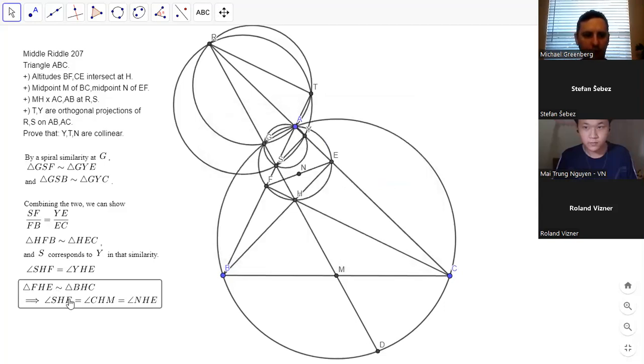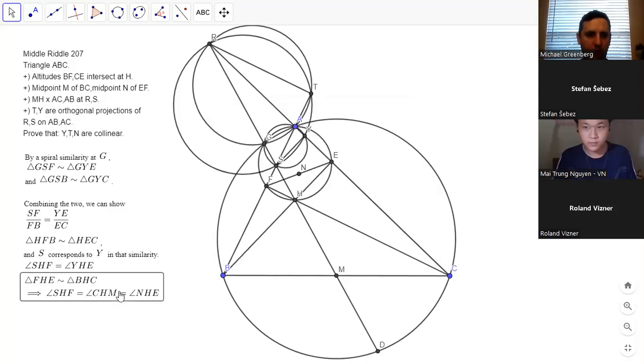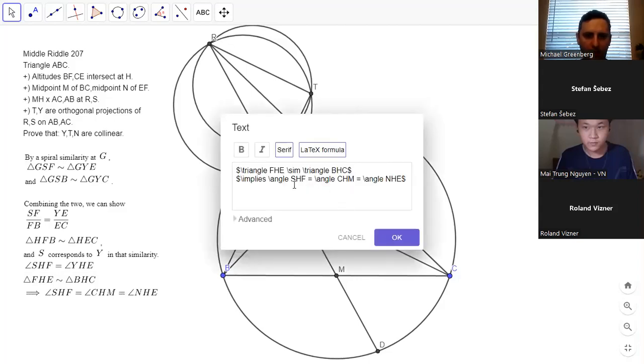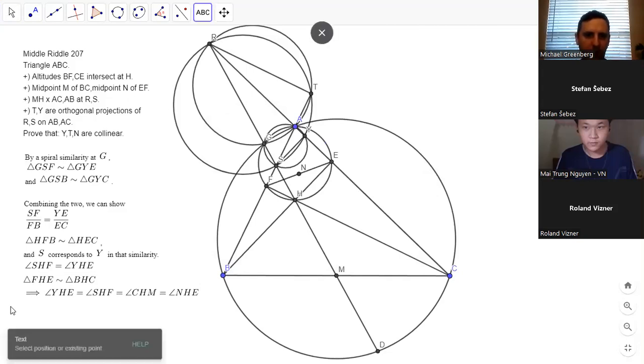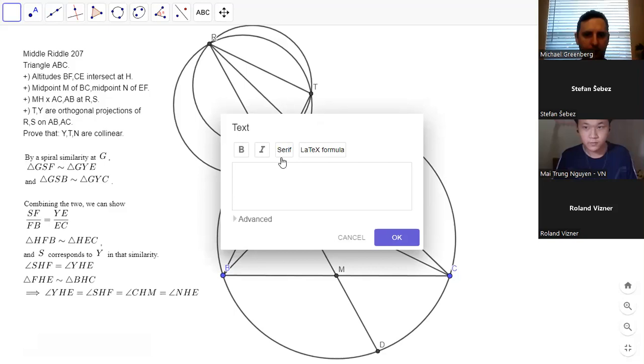And so these two imply that angle YHE is equal to angle NHE. All right, I like this. So that means that Y, N, and H are collinear, and similarly T, N, and H are collinear.